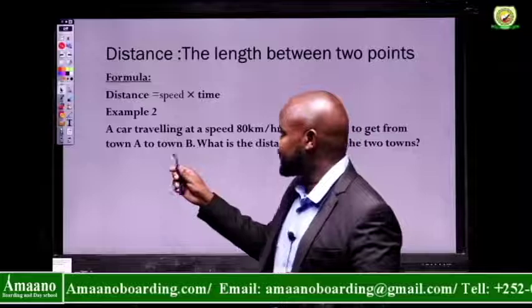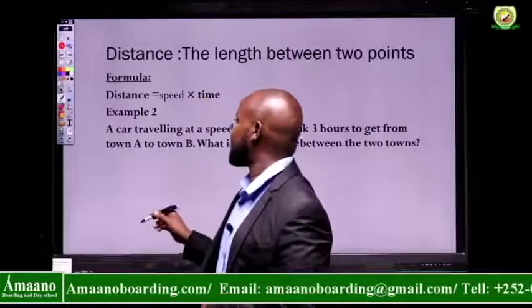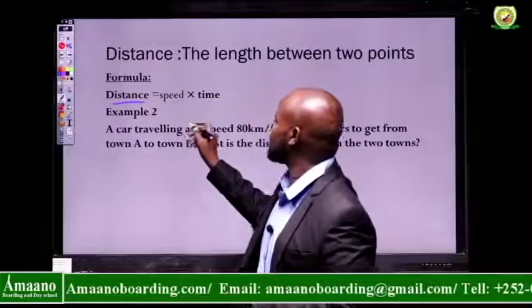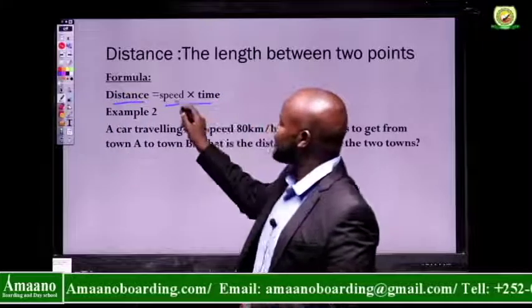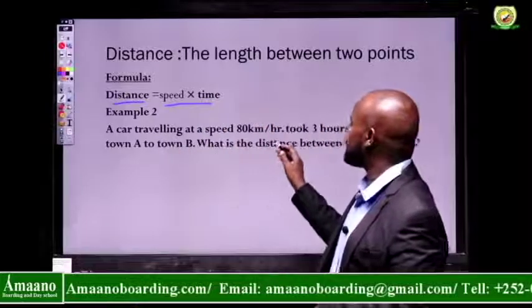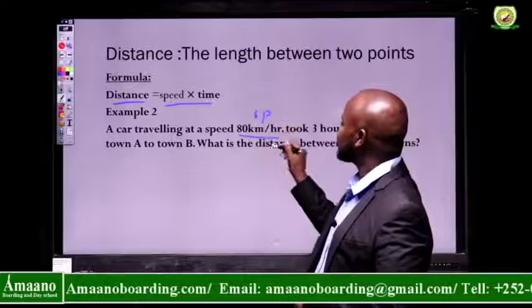So the formula. We have to know the formula. Distance is equal to speed times time. Example: a car traveled at a speed of 80 kilometers per hour. This is the speed.